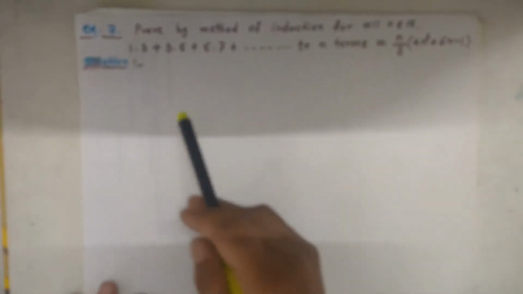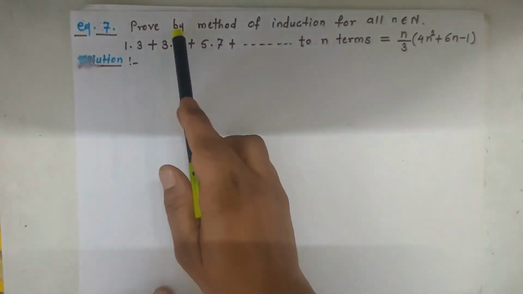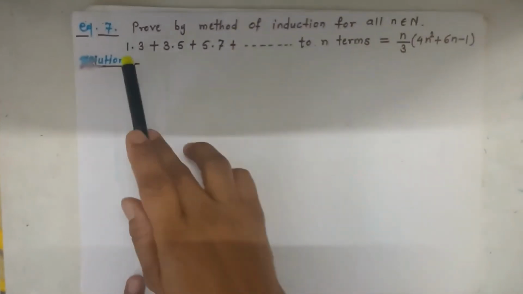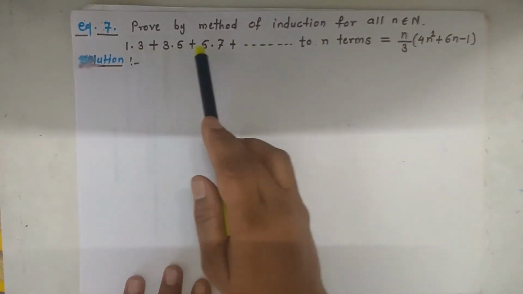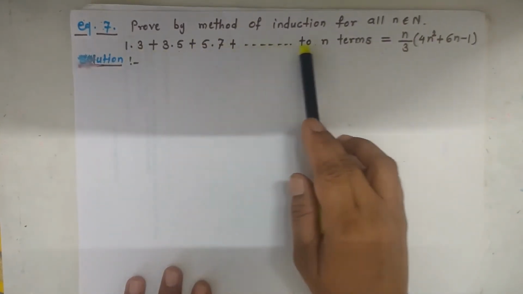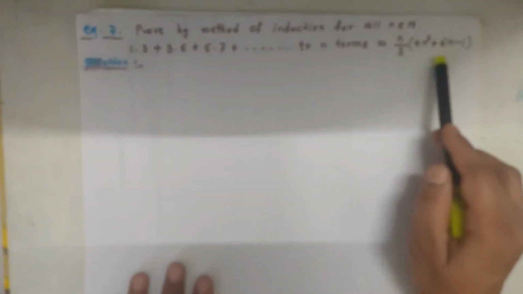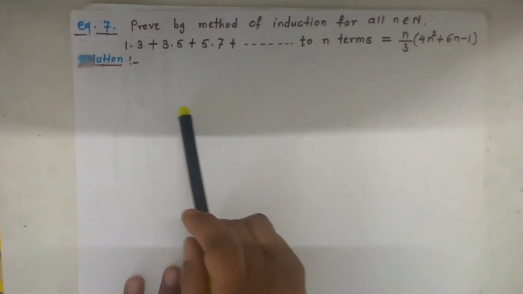Let us see example number 7. Prove by the method of induction, for all n belonging to N, 1 into 3 plus 3 into 5 plus 5 into 7 up to n terms is equal to n by 3 into (4n square plus 6n minus 1).